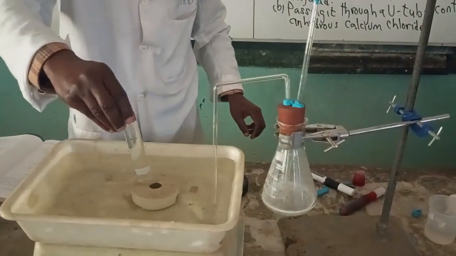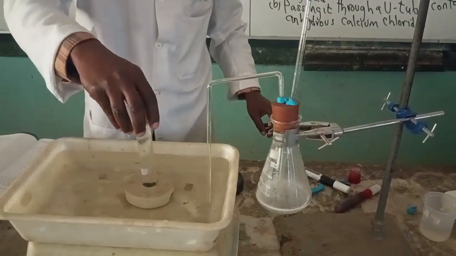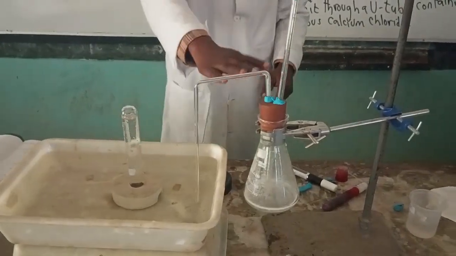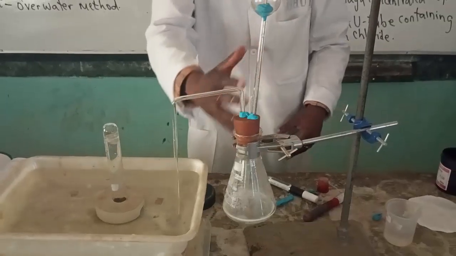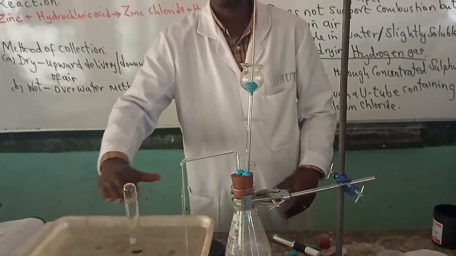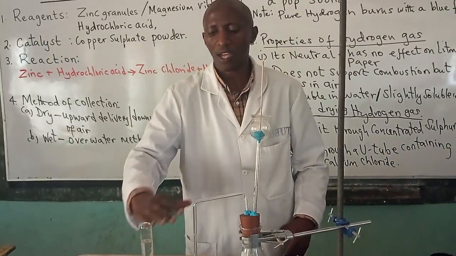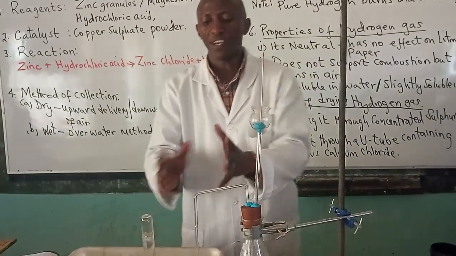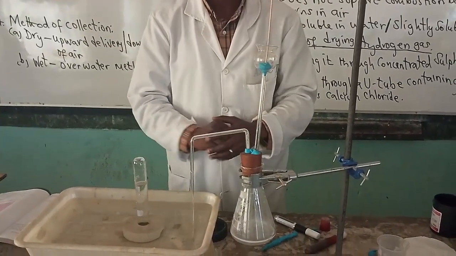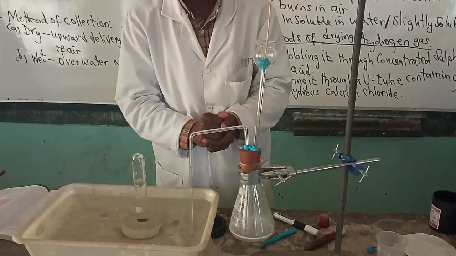Let's see if we still have some more that is coming up. Now, as the magnesium gets exhausted, the rate at which hydrogen is produced becomes slower and slower. I believe by the end of our discussion, this one will be filled.